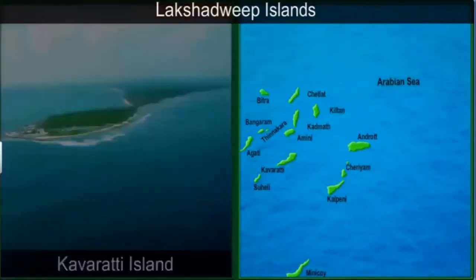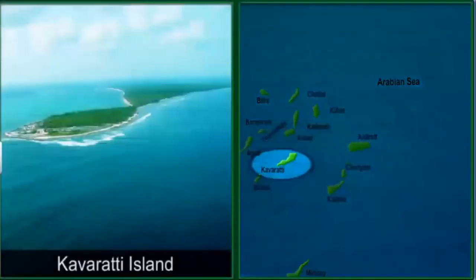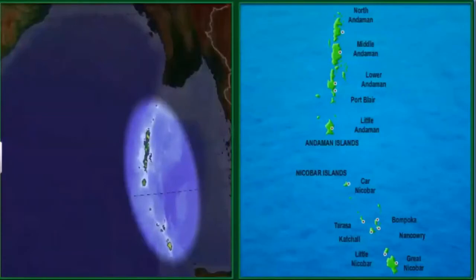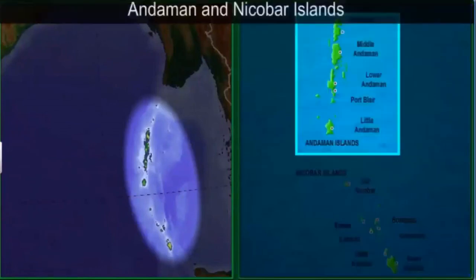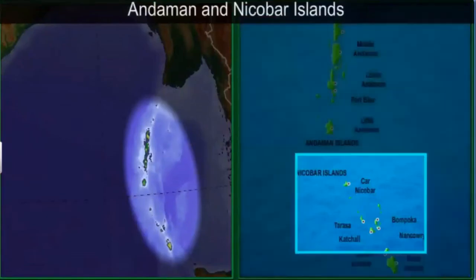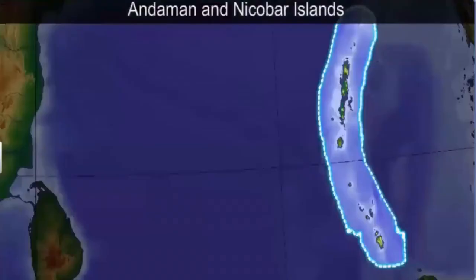Let's move to the second group of islands, which is located on the eastern side of the peninsula, the Andaman and Nicobar Islands. It is a long chain of islands extending from north to south, located in the Bay of Bengal.